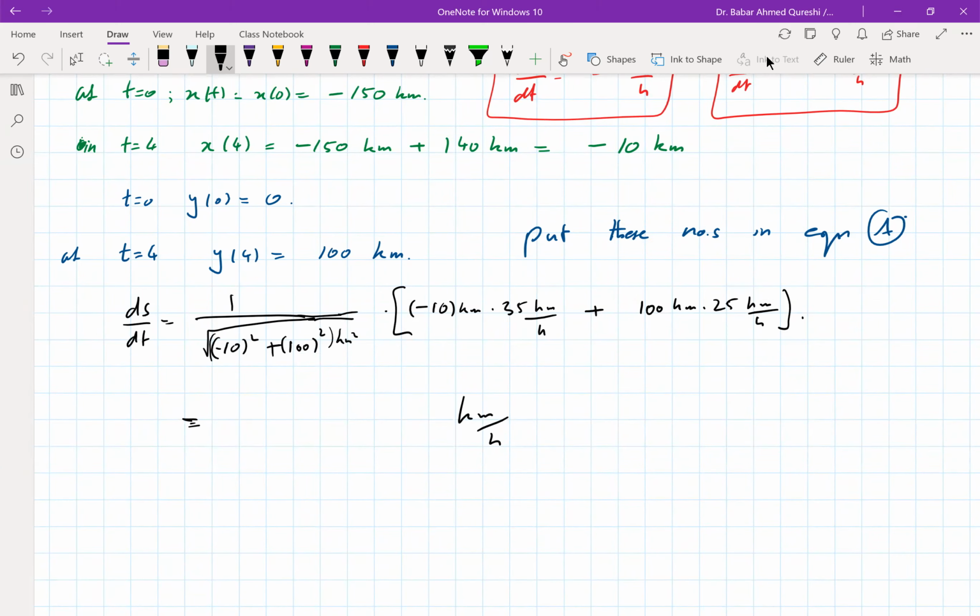And these numbers you have to do in a calculator. So I get 2500 minus 350.